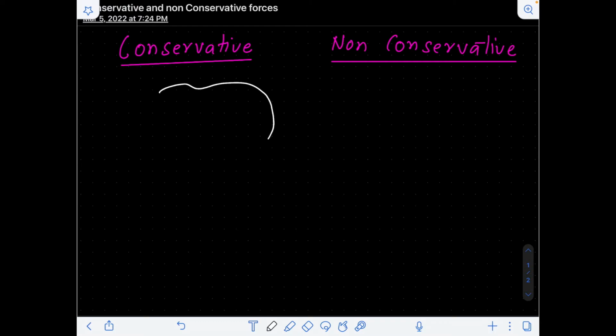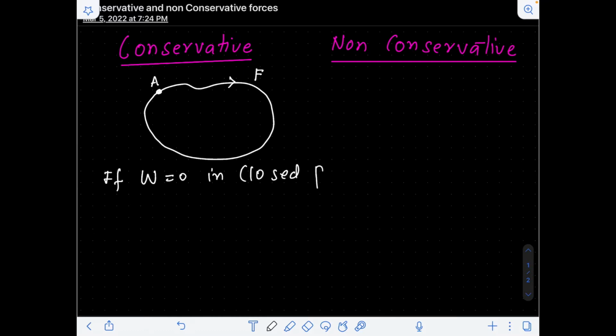Let's say this is a closed path and this is the starting and the final point A. The work done by this force is equal to zero in a closed path, so we can say that this force is conservative in nature. So F will be conservative. We will discuss more about it.